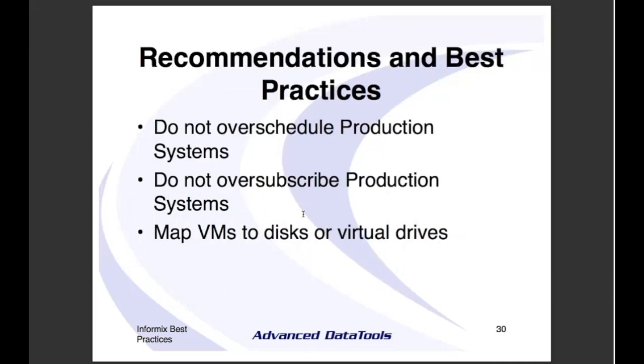This is really key. Do not overschedule or oversubscribe production systems. Oversubscribe is when you have a need for 30 CPUs and your box only has 24. You can run it. That's called oversubscribing.